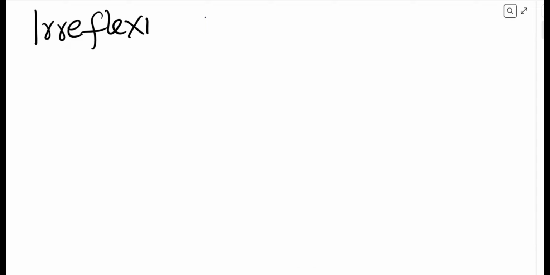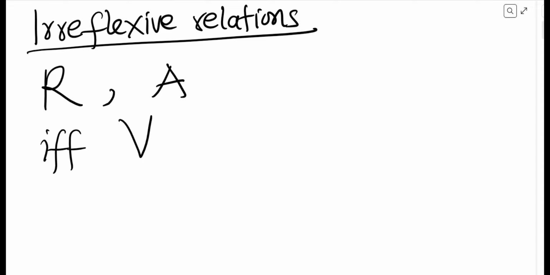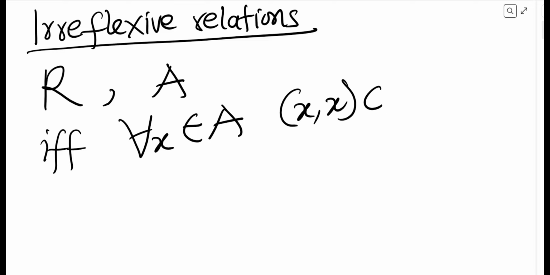Let's now look at irreflexive relations. A relation R defined on the set A is said to be irreflexive if and only if for all elements X belonging to A, (X, X) is not a member of the relation.